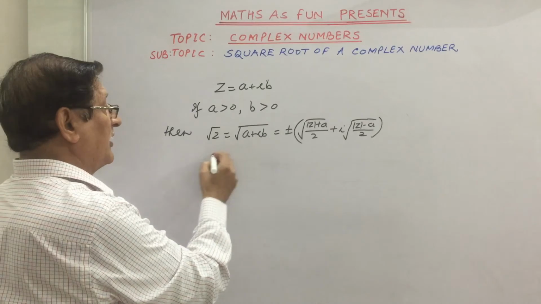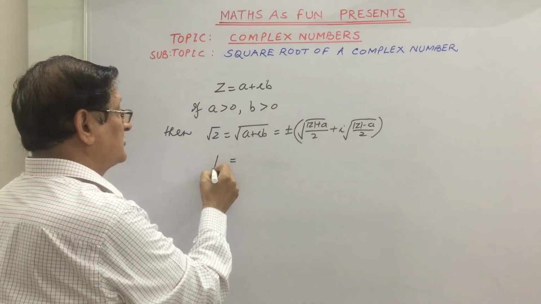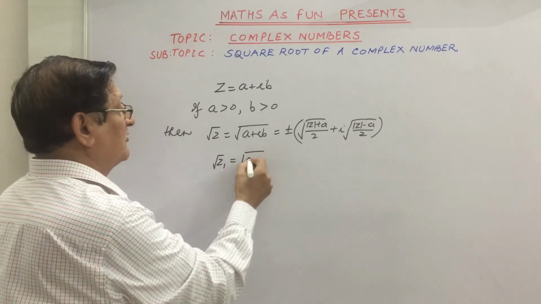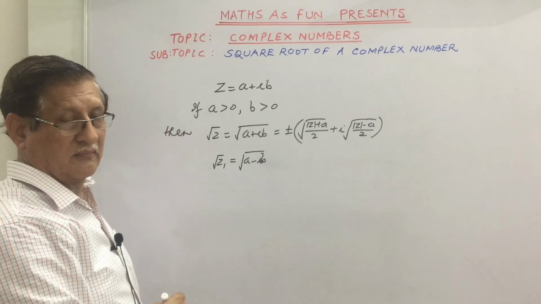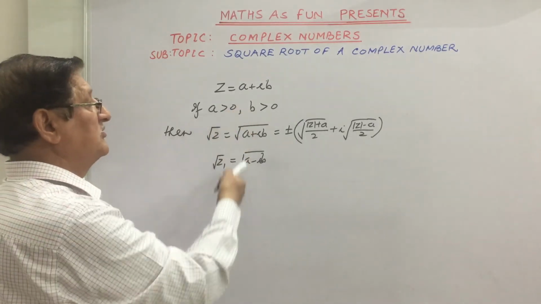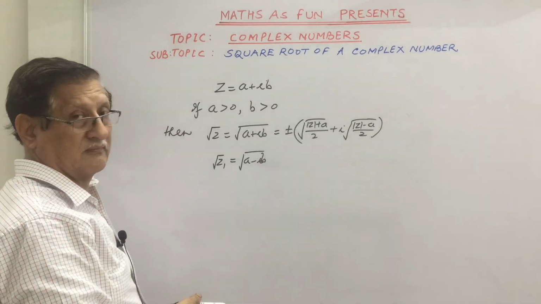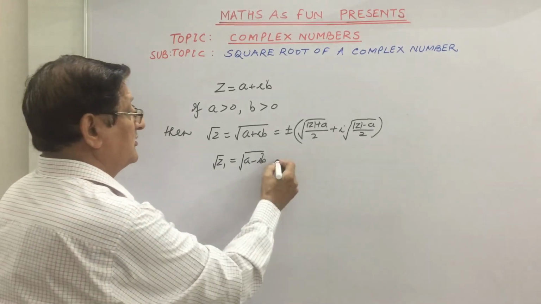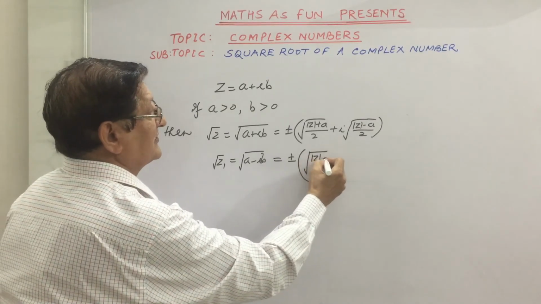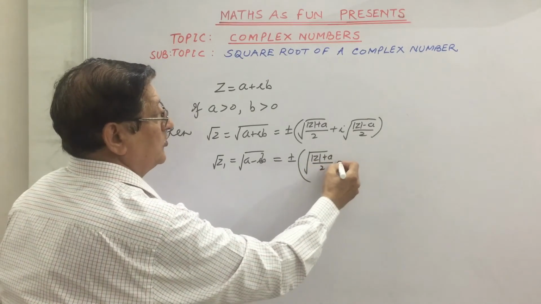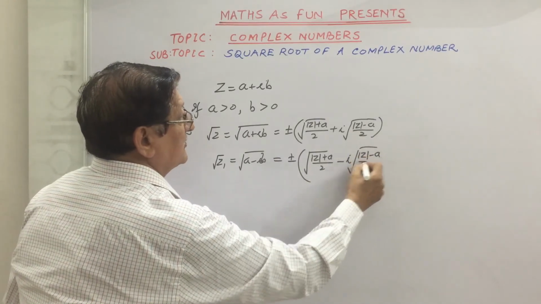And if we have suppose root of z1, that is root of a minus iota b, where a is greater than 0 but the imaginary part is less than 0, then it will come as plus minus root of (modulus z plus a) upon 2 minus iota root of (modulus z minus a) upon 2.